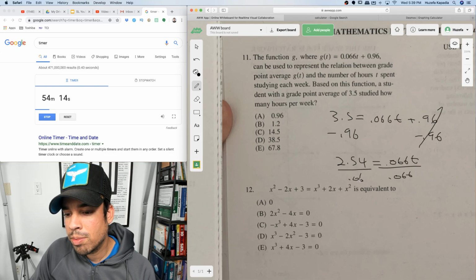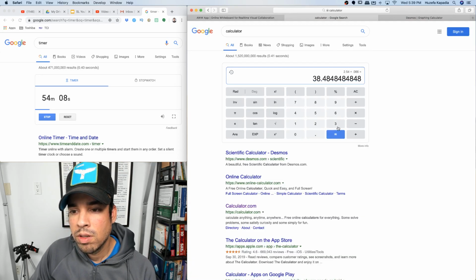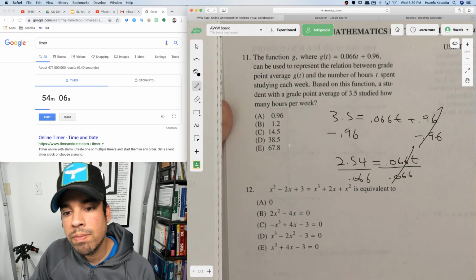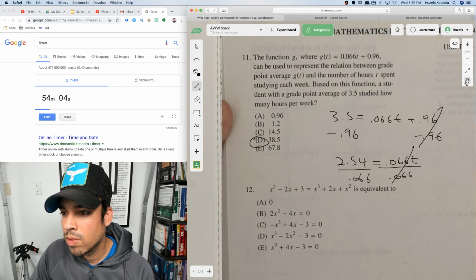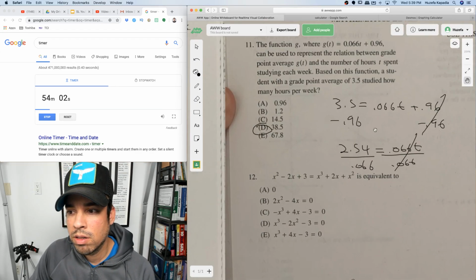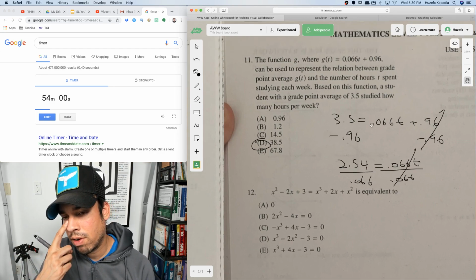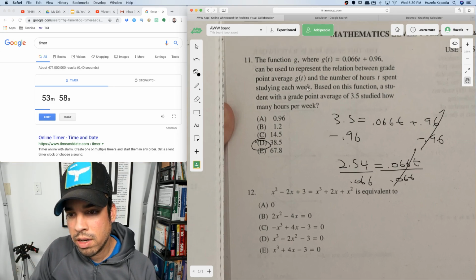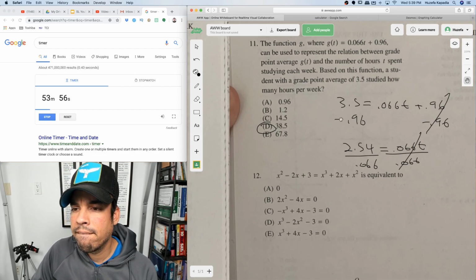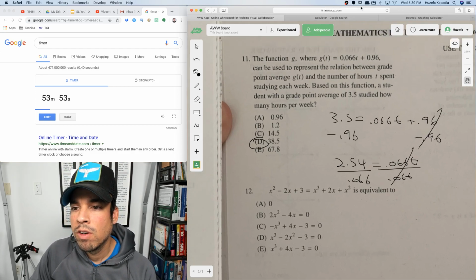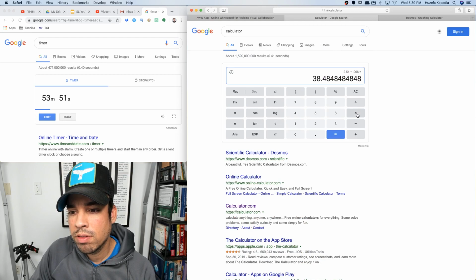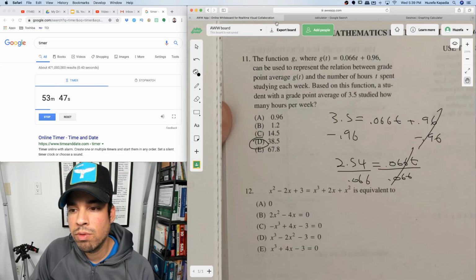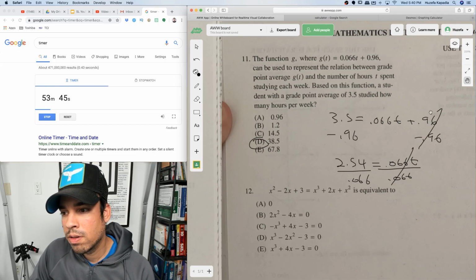Divide by 0.066. Equals 38.5. Whoa, that's a lot. 38.5 hours a week. Dang. Is that right? 38.5 times 0.066 equals 2.54. Yeah, I guess that's right.